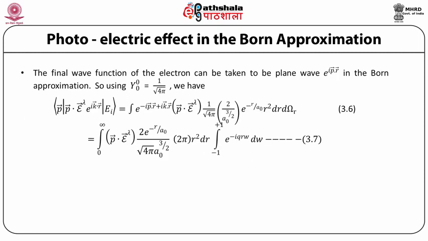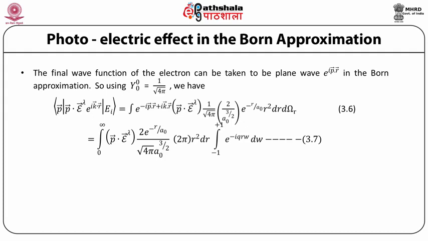The final wave function of the electron can be taken to be the plane wave e^{ip·r} in the Born approximation. So using Y₀₀ = 1/√(4π), we have the matrix element between p and E_i of p·ε e^{ik·r} equal to e^{-ip·r + ik·r} p·ε times 1/√(4π) (2/a₀)^{3/2} e^{-r/a₀} r² dr dΩ.